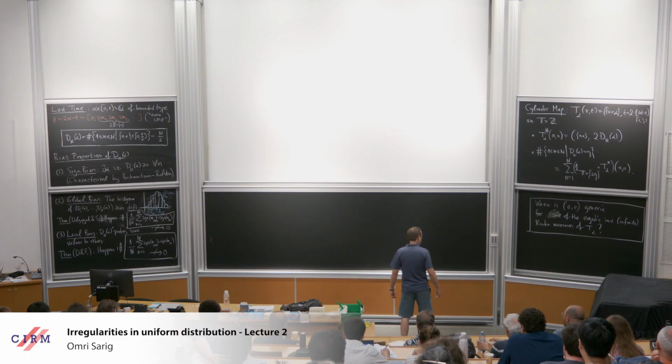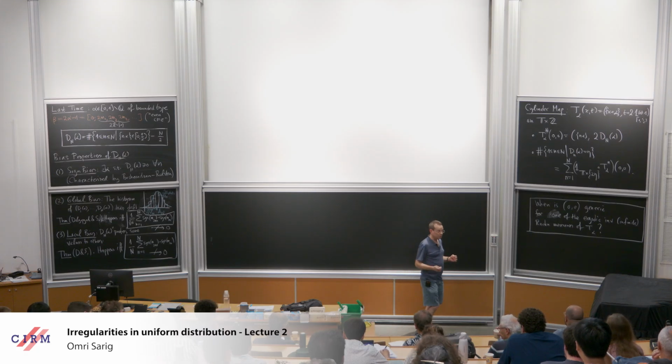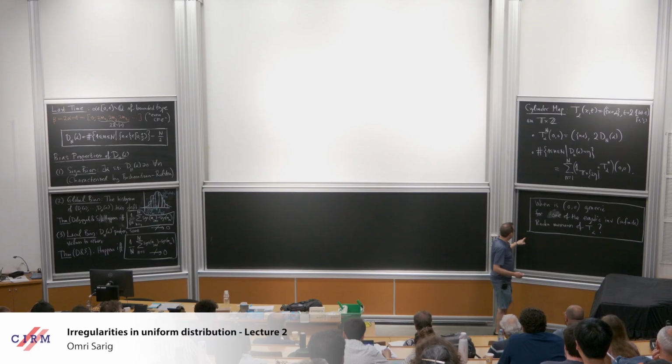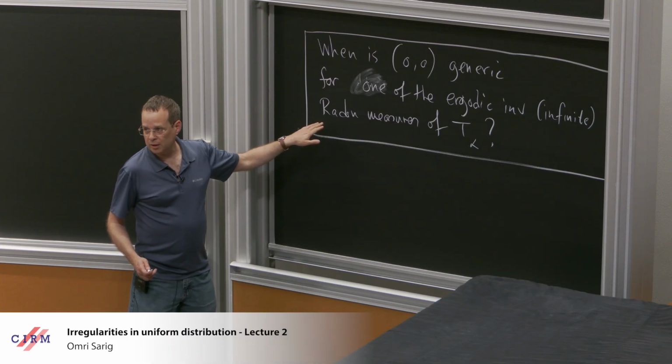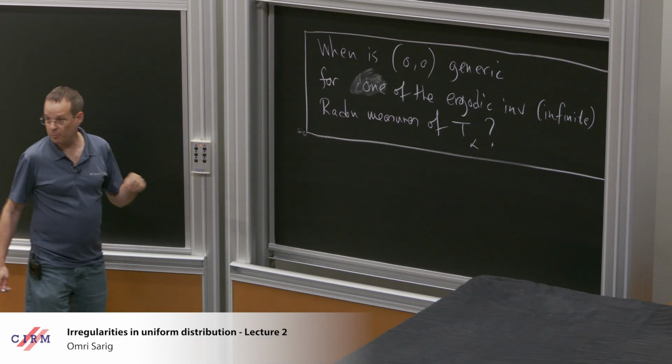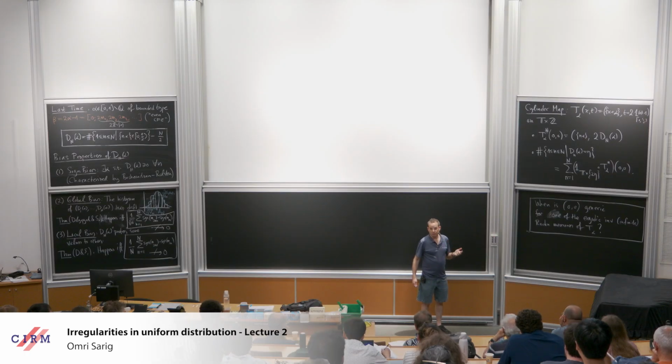And now I want to make a statement that is both extremely trivial and also extremely deep at the same time. The statement is this: the problem of calculating the generic points of a map is equivalent to the problem of calculating the generic points for the constant suspension of the map. You agree with this, right?